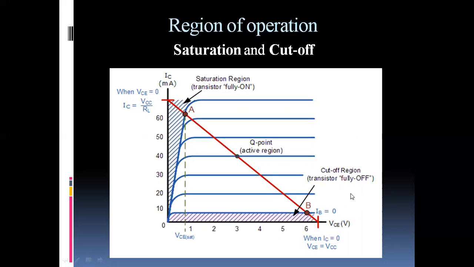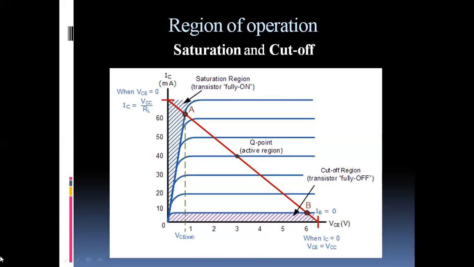In the cutoff region, the transistor is fully in off mode. And in the saturation region, the transistor is fully operating in the on state. Here the active region we are not using as a switch; only the saturation region and the cutoff region we are going to use to operate the transistor as a switch.